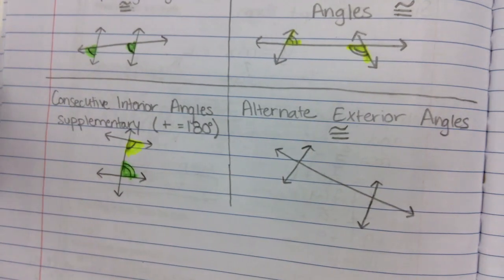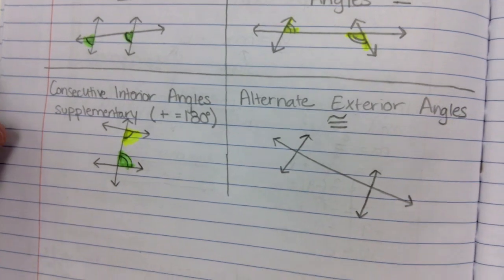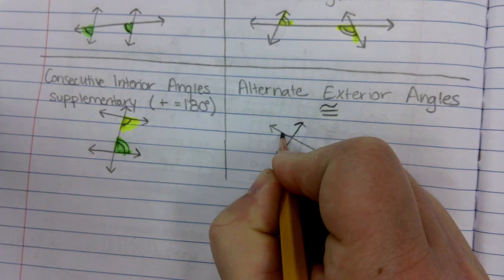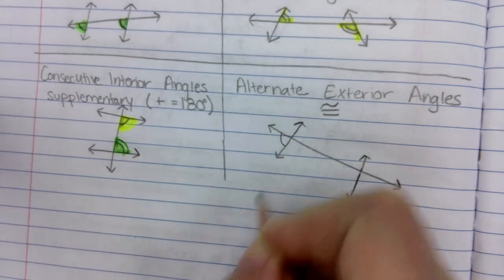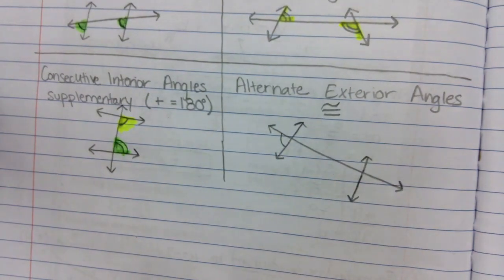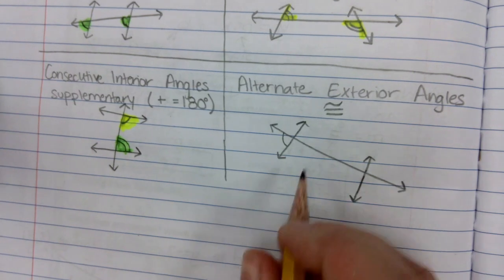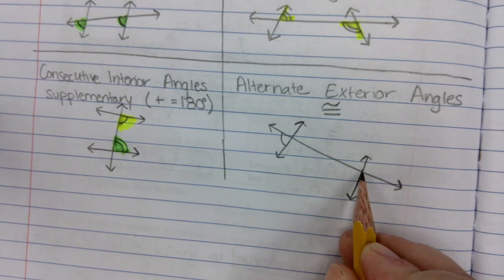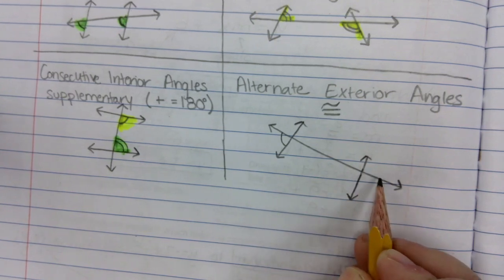So here it was kind of below that transversal. This time I want to go above that transversal. So I can just mark those with that one arc, and that shows that these two match. They're the same. They're congruent. Or we can use some colors to color coordinate that.